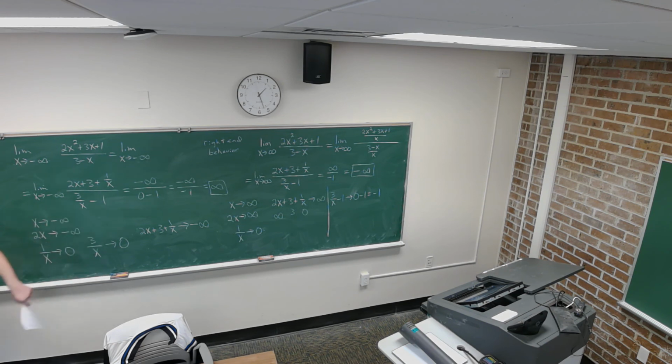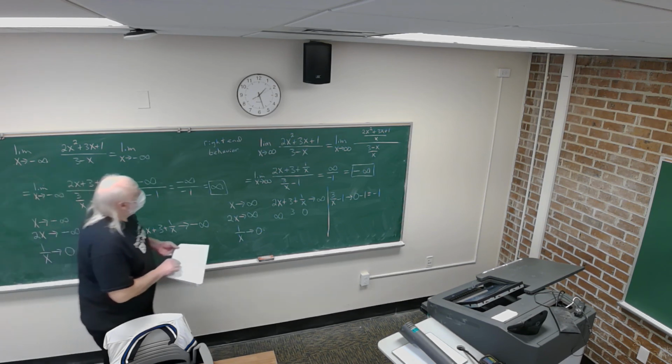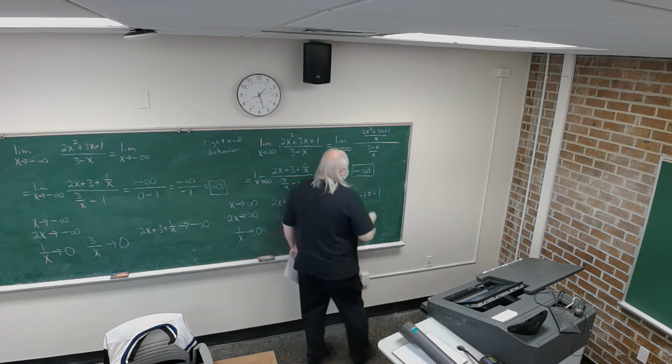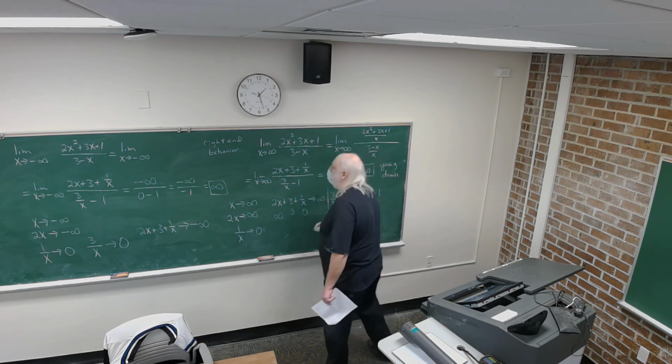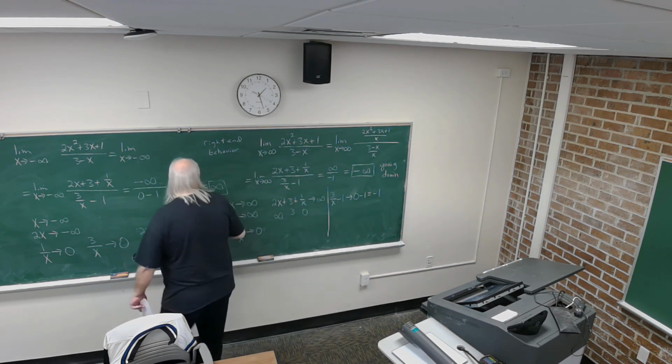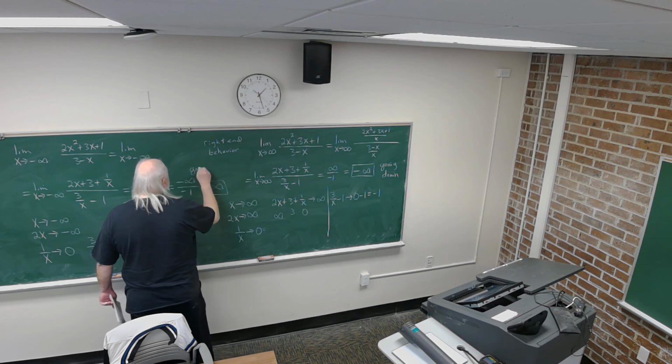On the right end, the graph is going down. The graph is going down on the right end, and it's going up on the left end.